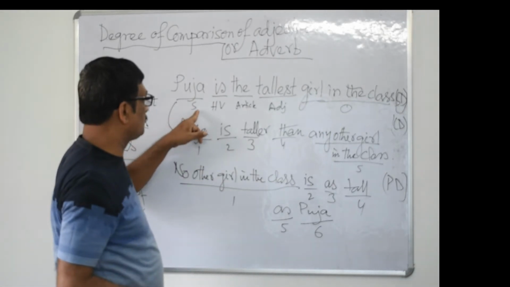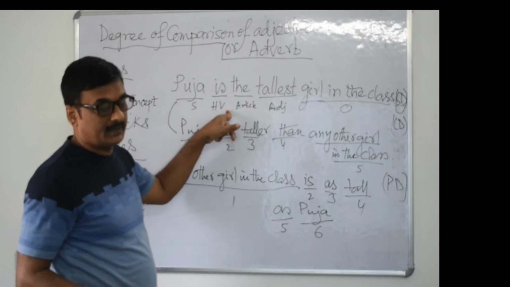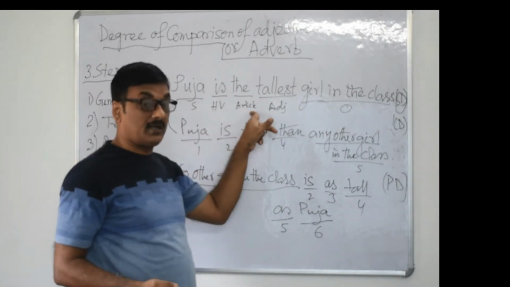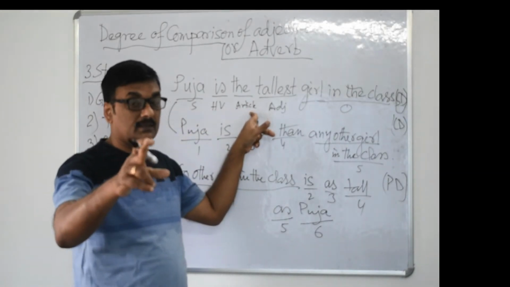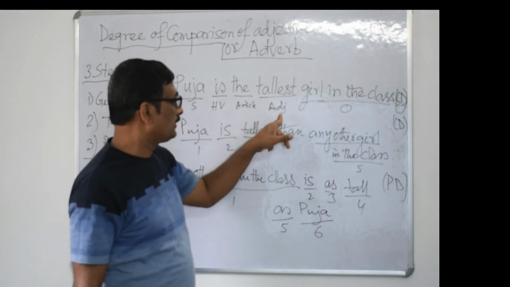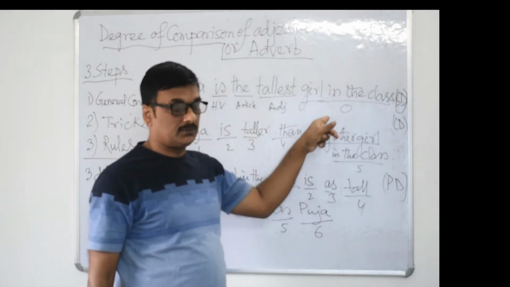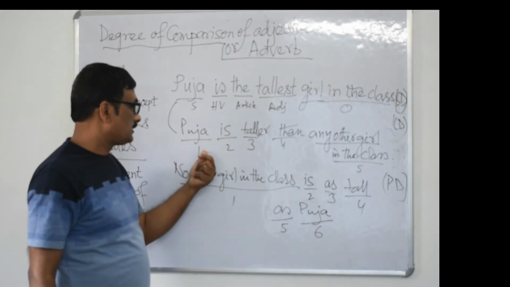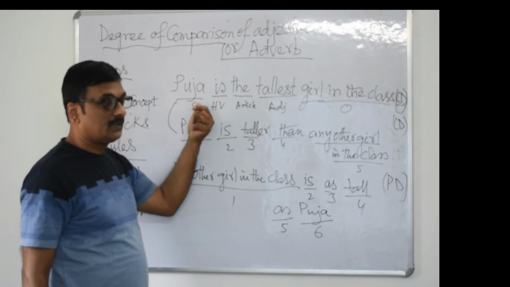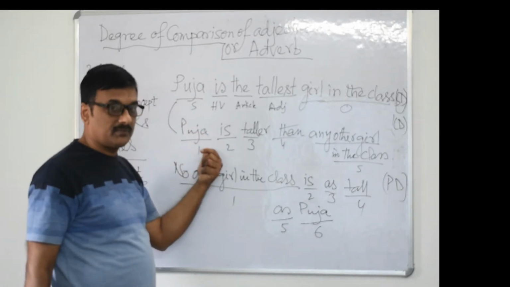At first the subject is used, then at number 2 the helping verb. Number 3, in superlative degree always the is used, and then the superlative form of tall, tallest, then the object is used.